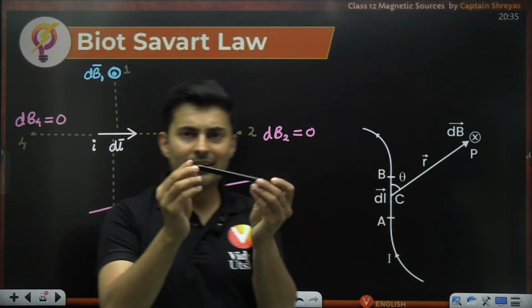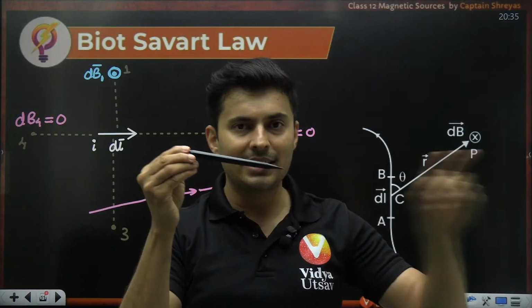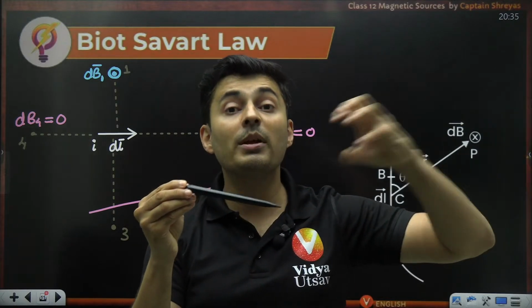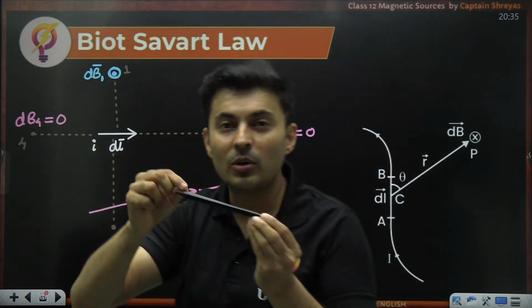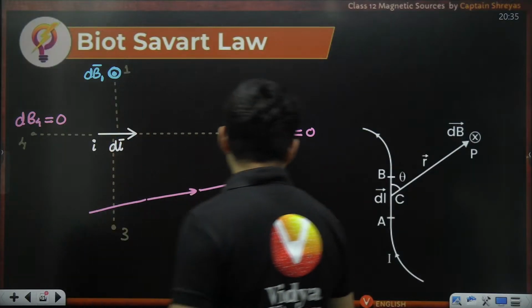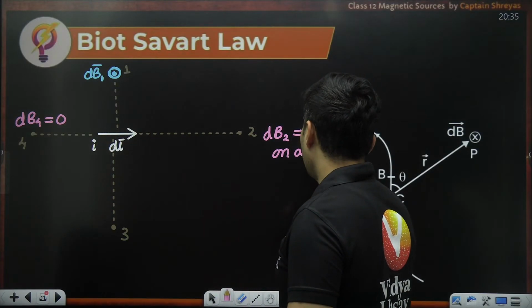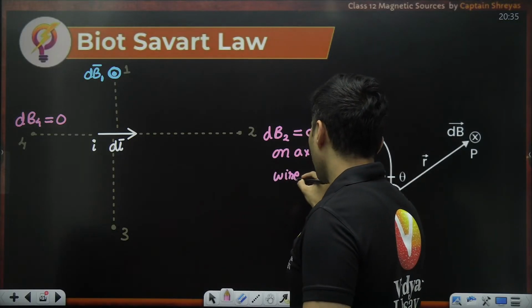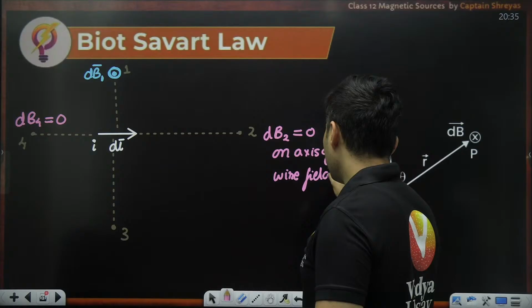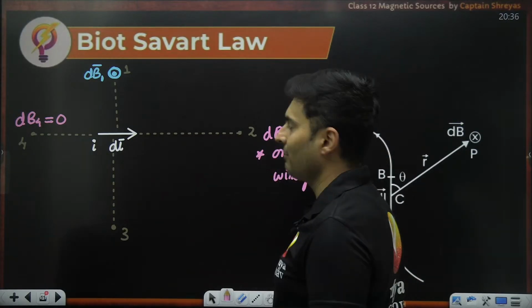If I take a wire like this, anywhere on that line, this side or this side, there will be no contribution because the cross product will be 0. So on the axis of the wire, the field is 0. That is a star result which I am getting.